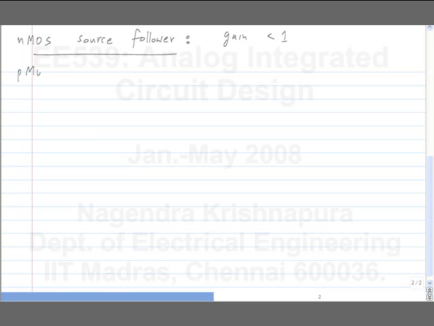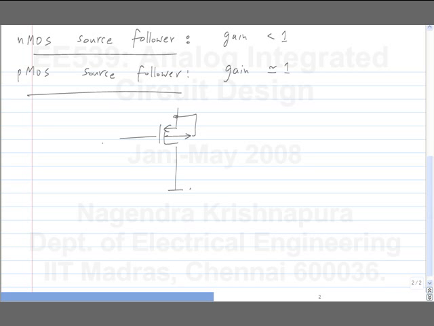And for the PMOS, usually you have the freedom to tie the bulk to source. If you really want an exact voltage follower or an incremental gain very close to 1, you have to use a PMOS transistor with its bulk tied to source. Any questions on this?